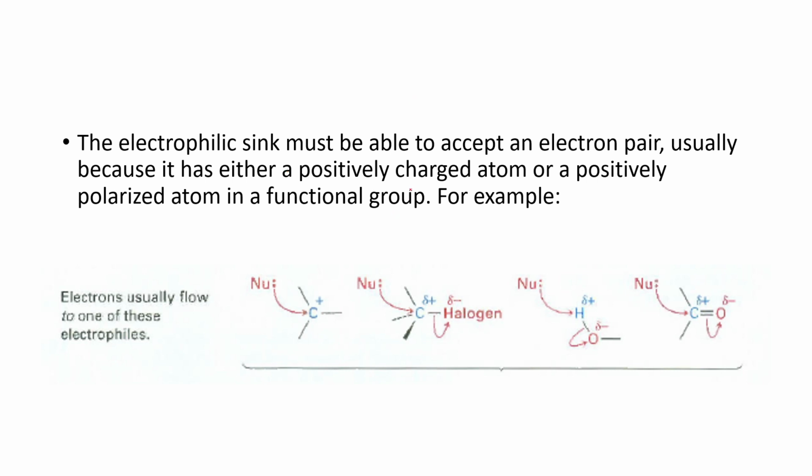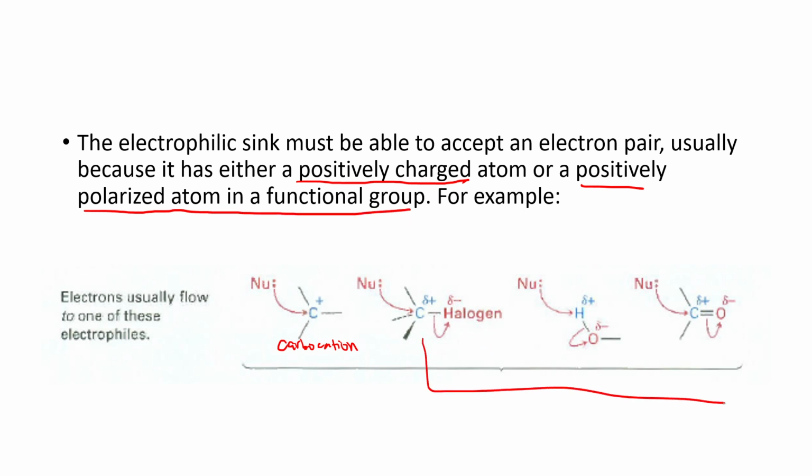It could be positively charged in the case of a carbocation, or it could be positively charged from a polarization of a functional group. For example, all these carbons here are positively polarized because they are attached to an electronegative atom, particularly a halogen or an oxygen as well.